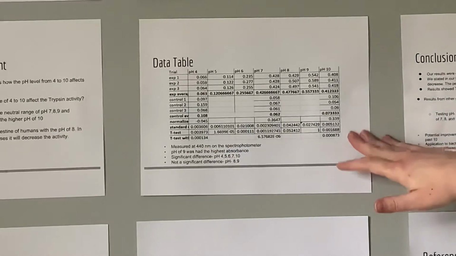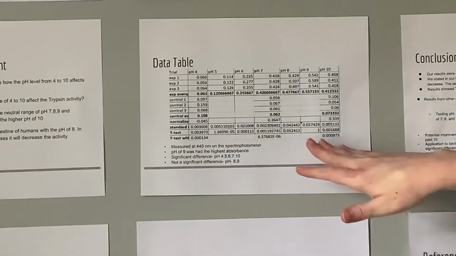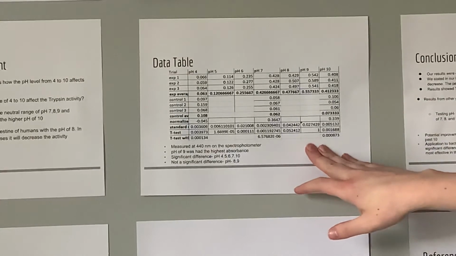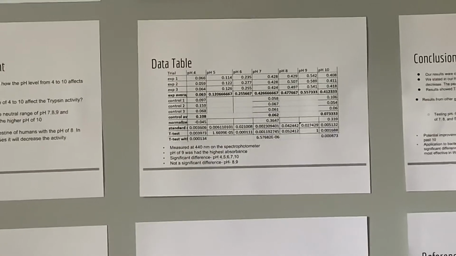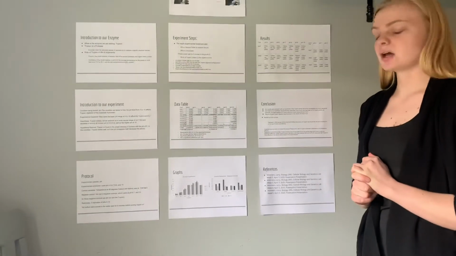And below we have our t-test to see if there were any significant differences between them. We tried to see if there was any significant difference at the pH of 9, since that seemed to be the highest absorbance level. There was a significant difference between pHs of 4, 5, 6, 7, and 10, which was less than 0.01, and there was not a significant difference between the pHs of 8 and 9.